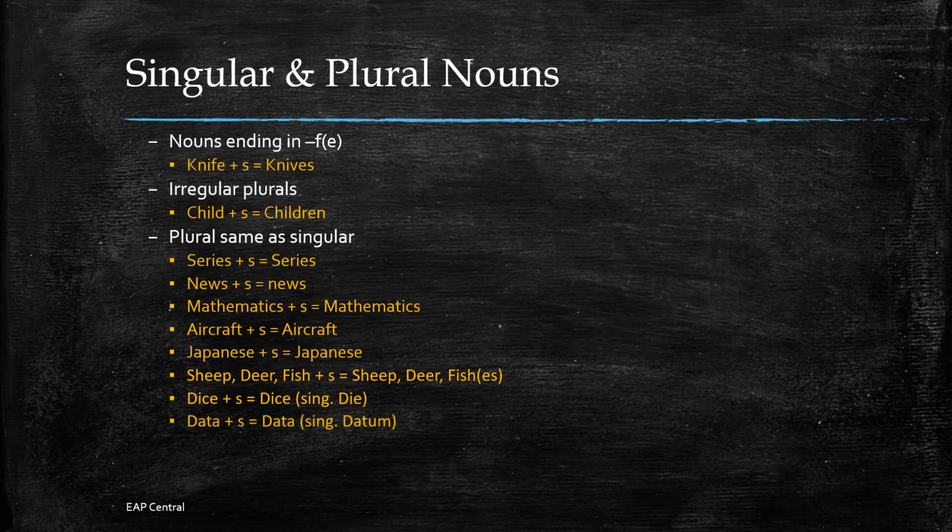The word data is originally the plural of datum, which is now not used. In modern English, data can be used either as an uncountable, for example, this data is, or as a plural, these data are, with no difference of meaning.